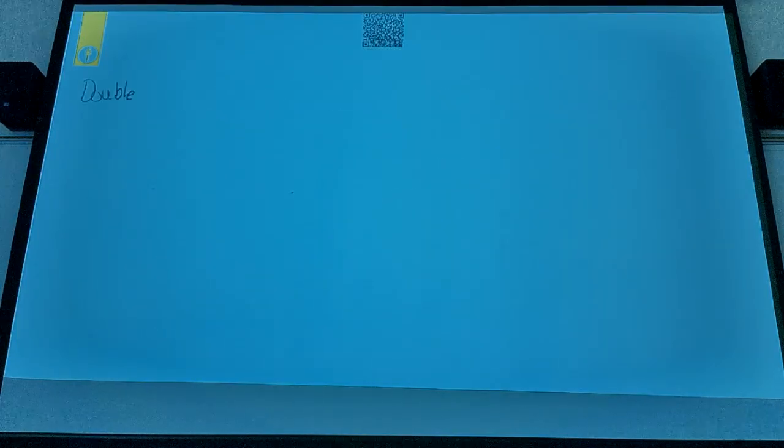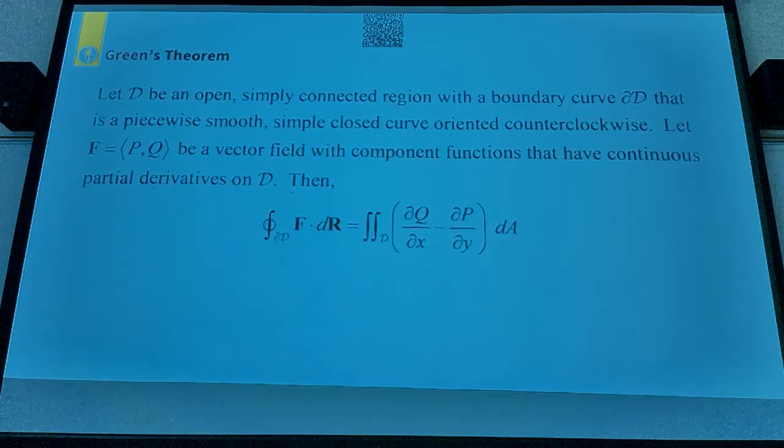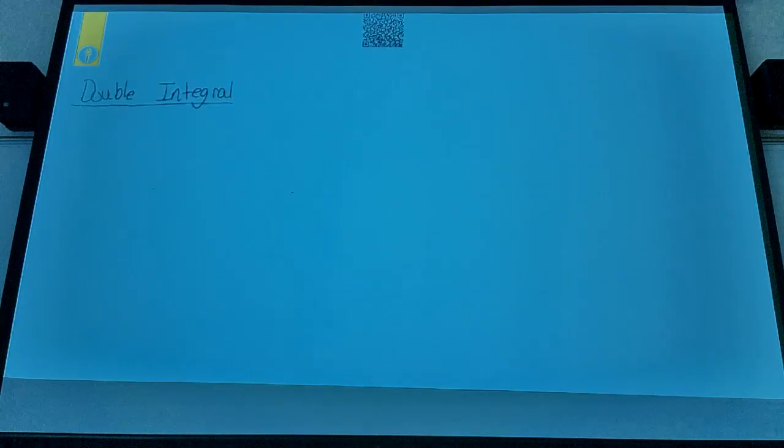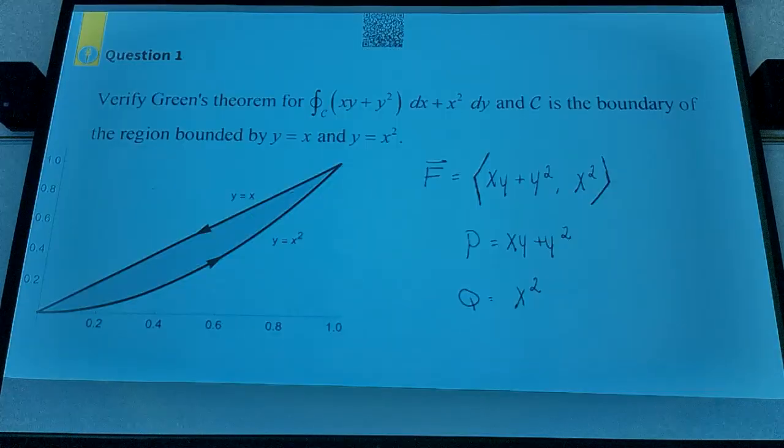Now for the right-hand side of Green's theorem, the double integral. You need partial Q, partial x. So what's partial Q, partial x? We also need partial P, partial y.